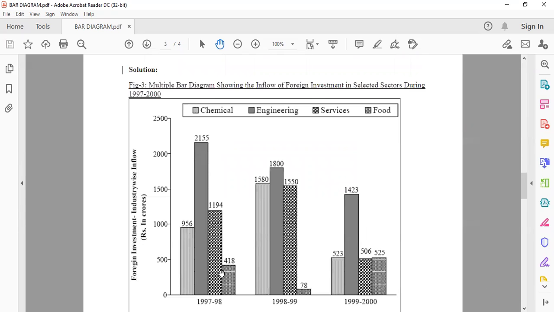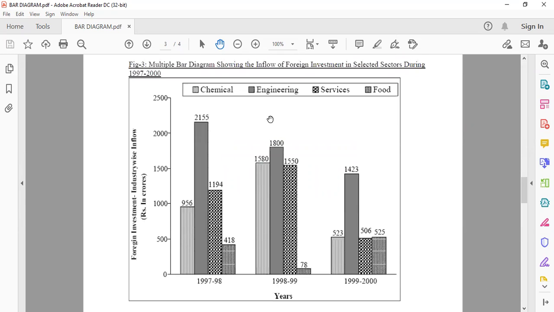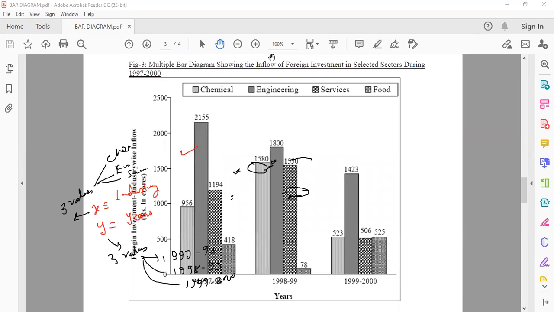First of all, we already know there are two variables: one is industry and another is Y, year. So I write year along the x-axis, and industry flows along this axis.